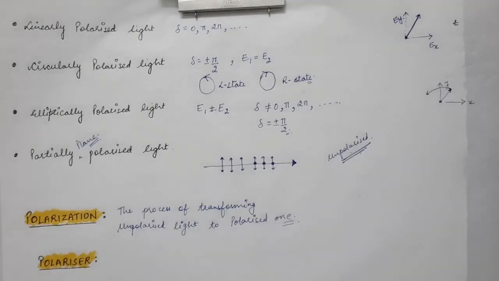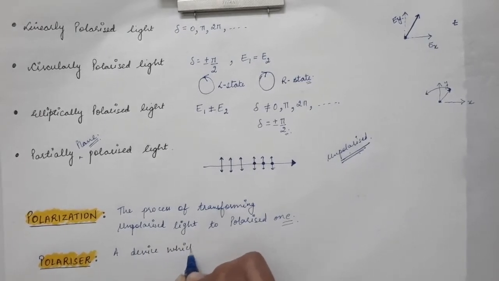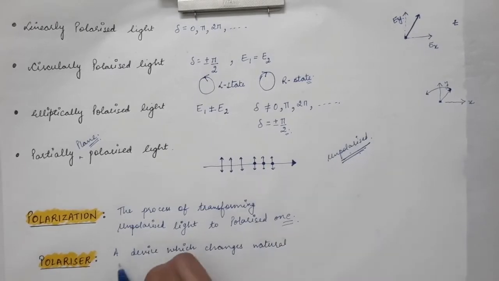Now the device that we use to change unpolarized light to polarized one is called a polarizer. So a polarizer is a device which changes natural or unpolarized light into polarized one.